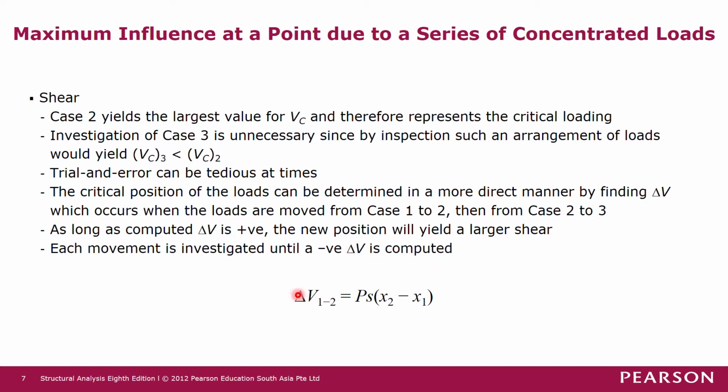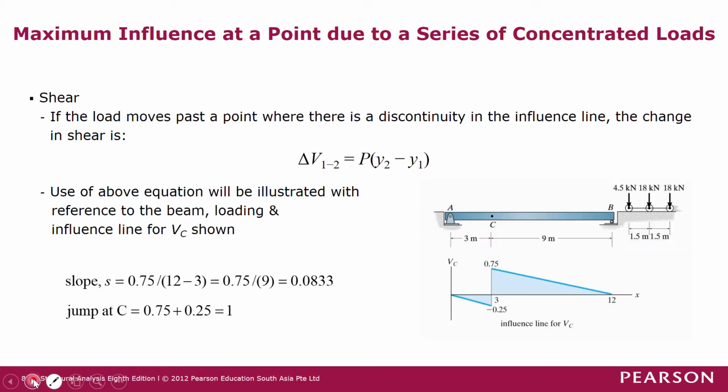So the change in shear from position 1 to 2 can be calculated using the force multiplied by the change in shear. The change in shear can be calculated using the slope of the function multiplied by the change in position. If a load moves past a point where there is a discontinuity in the influence line, the change in shear will be directly the force multiplied by the jump.